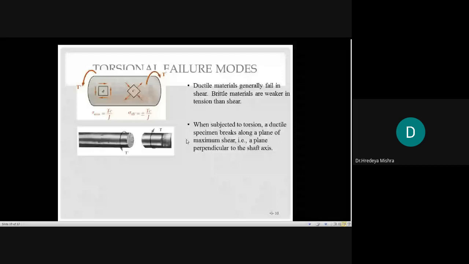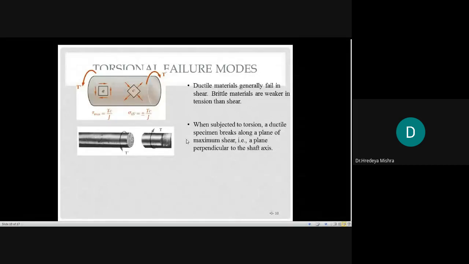This statement says that when a torsional force is applied on the shaft, the specimen breaks at the plane where the maximum shear stress is produced.